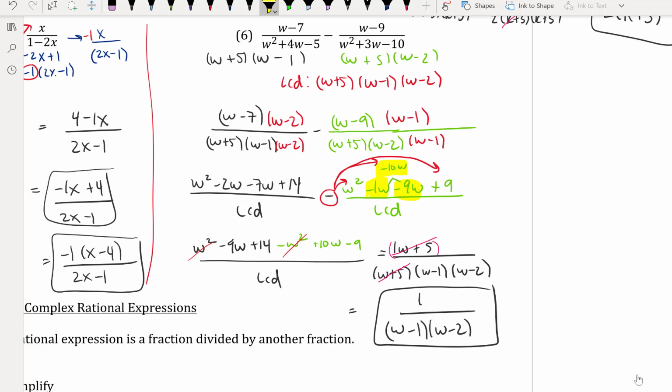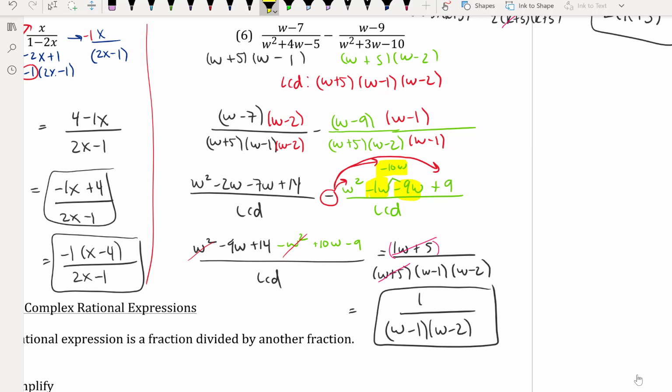So then when I distributed my negative, it's negative times -10, which gave me a +10. And of course I had to distribute that negative to that 9, so I got a negative 9. So when I combined like terms, I saw that the w squares were going to cancel. And I had negative 9w plus 10w, which gave me a positive 1w. And 14 minus 9 gave me a positive 5.